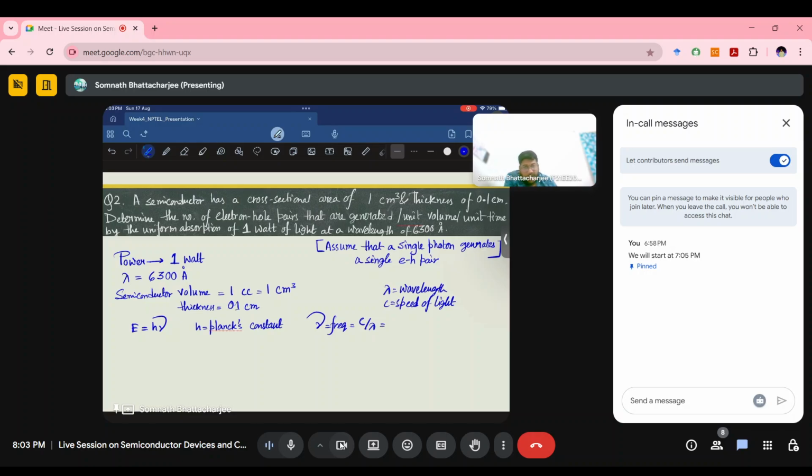So from here we can get the value of nu, and from the values of h and nu we can get the value of E, that is the energy of this absorbed light. From that we can get the number of generated photons, and from that we can get the number of generated electron and hole pairs. So try to do this.